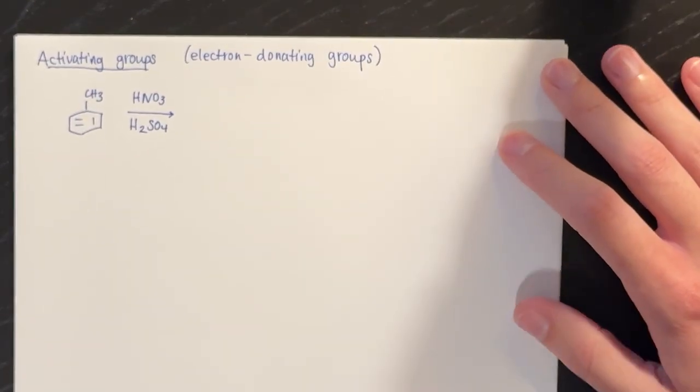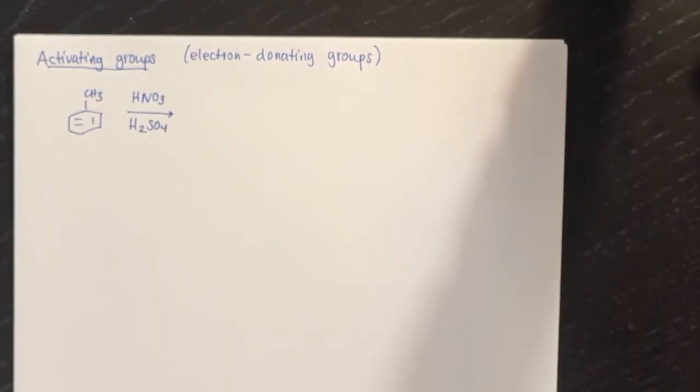So we've got three possible isomers that we can get from this reaction.